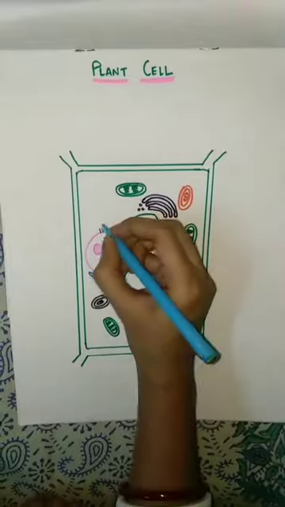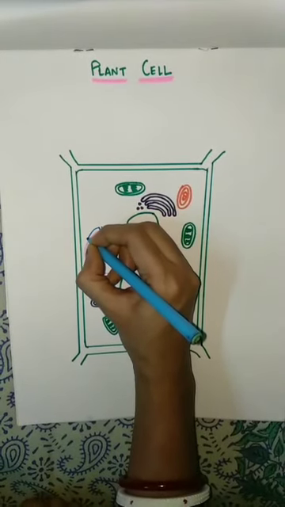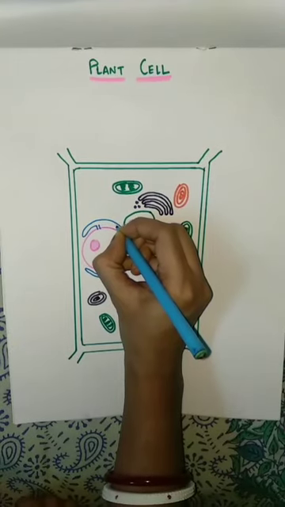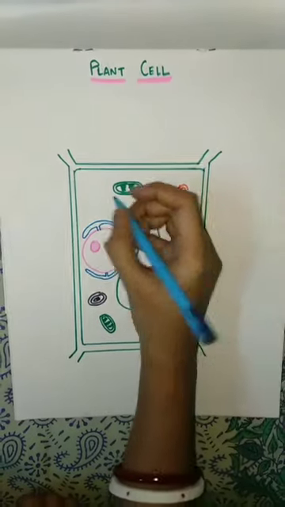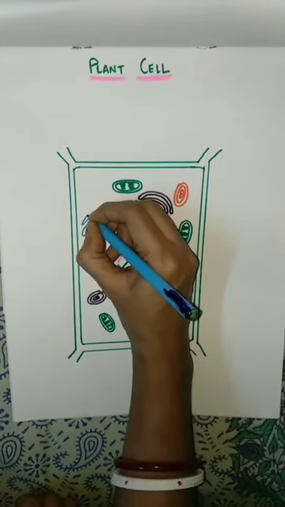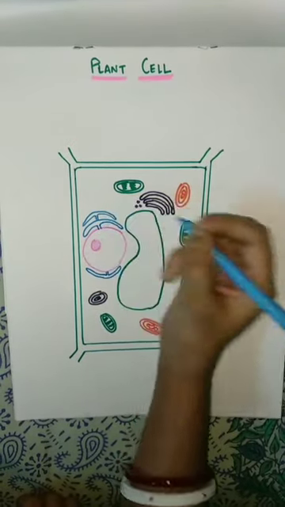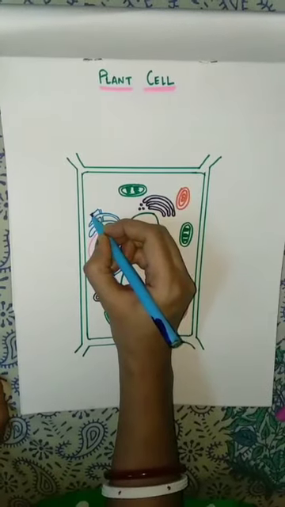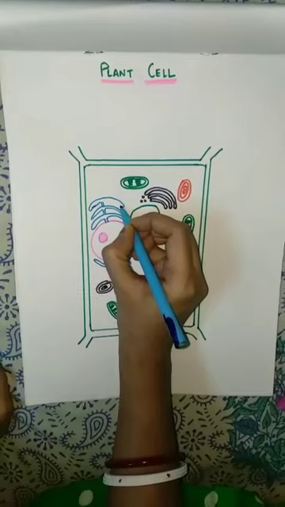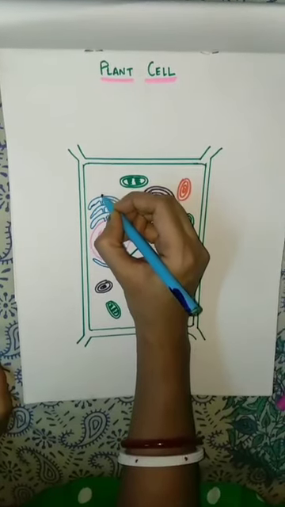Next I'm going to draw the endoplasmic reticulum. So these endoplasmic reticulum are also similar to the structure of the Golgi apparatus. So they are connected with the nucleus.